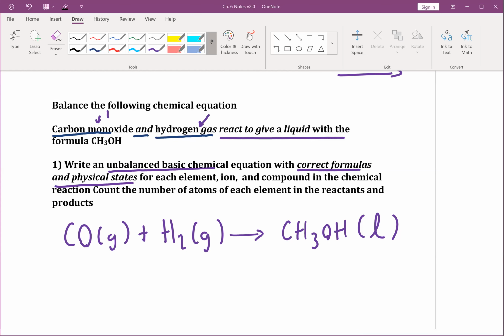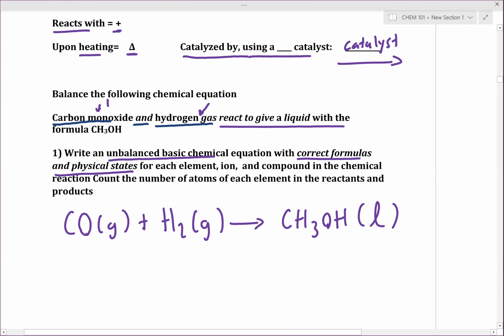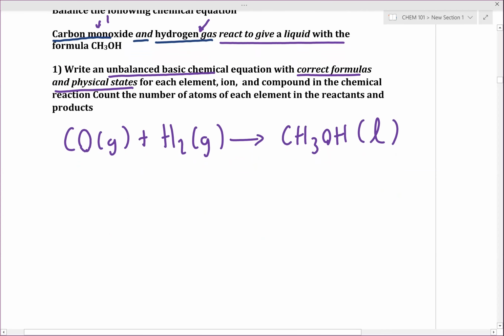Now we're going to begin to count the atoms of each element in the reactants and products. In carbon monoxide, I have 1 carbon and 1 oxygen. In hydrogen, how many hydrogen atoms? 2. In methanol, how many carbons do we have? 1. How many hydrogens? 4.